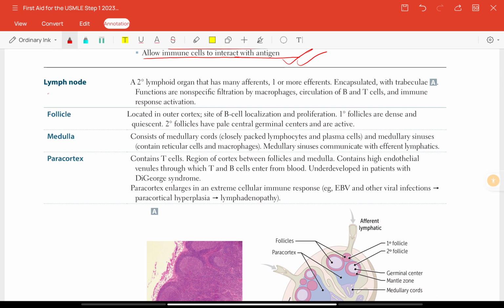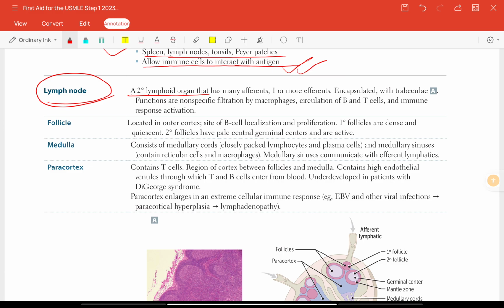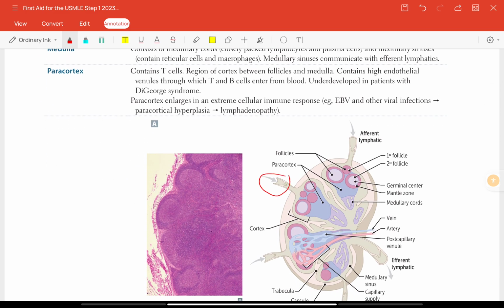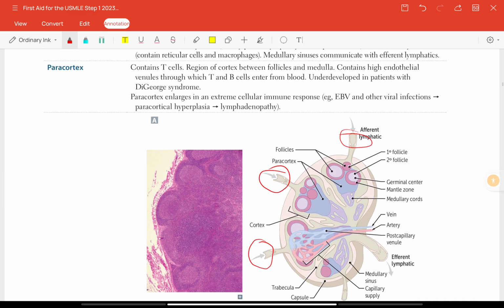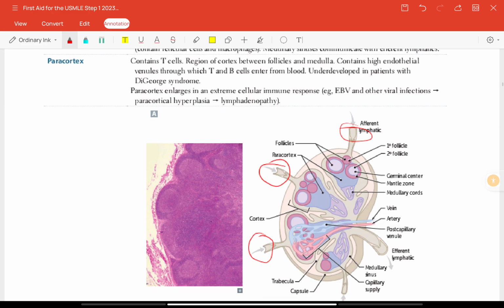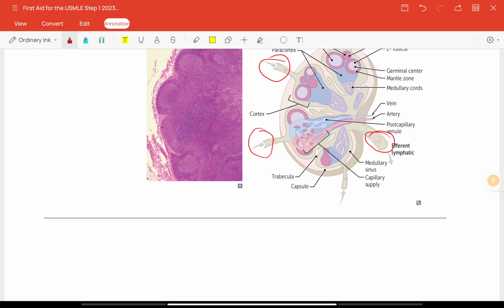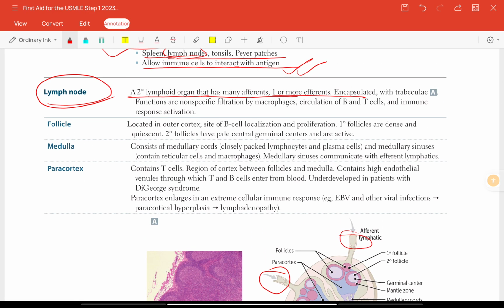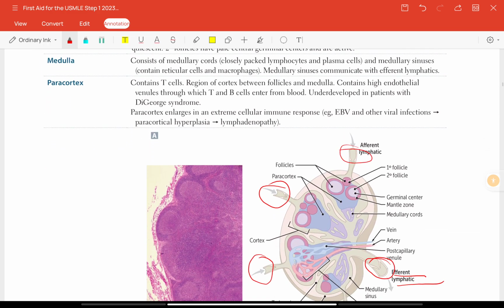Now, the lymph nodes are actually secondary lymphoid organs that have many afferents and one or more efferents, and here we have one efferent. They are encapsulated with trabeculae.